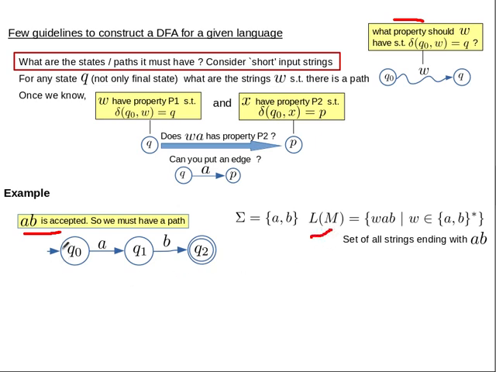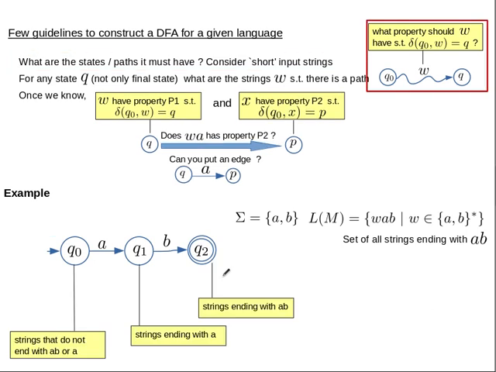Because they are the strings that are accepted. So we need other states maybe, but at least this is what we have. This will correspond to strings which end with AB, right?